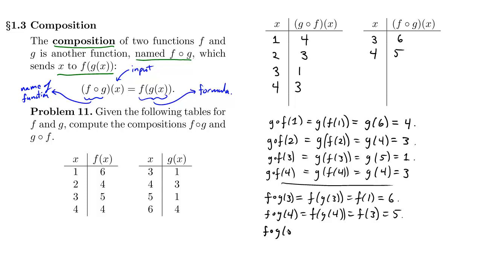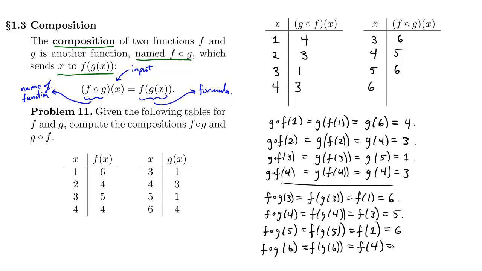F of g of 5 is f of 1, which is 6 again. And f of g of 6 is f of 4, which is 4. Again, the outputs of f composed with g are outputs of f, and the inputs to f composed with g are inputs of g.